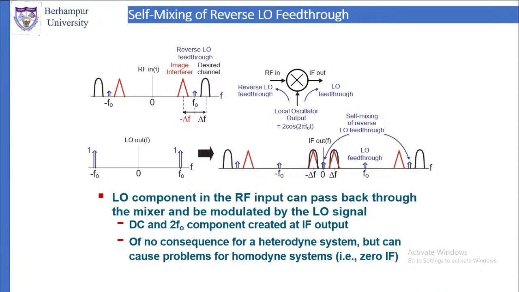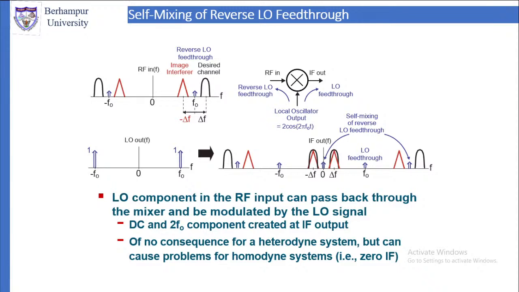The local oscillator frequency should be at least equal to RF or greater than RF. If the RF contains a component of F0, then what we get is called reverse LO feed through at F0.